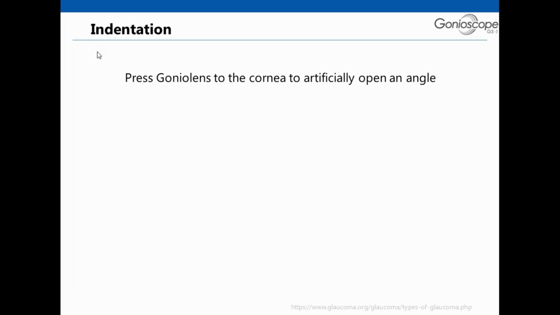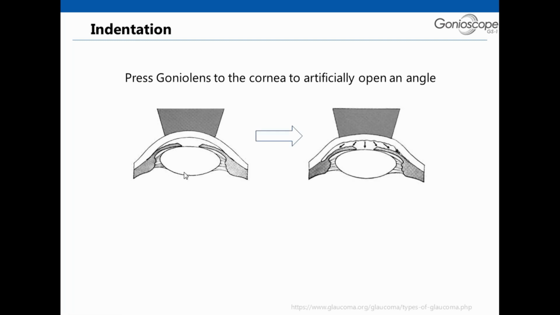So let me explain a bit about indentation. Indentation is to press the gonio lens to the cornea to artificially open the angle. This is before indentation, and this is during the indentation. As you can see, the lens is pressing the cornea to make a space between the cornea and iris. On the left image, it is clear that both the left side and right side look similar.